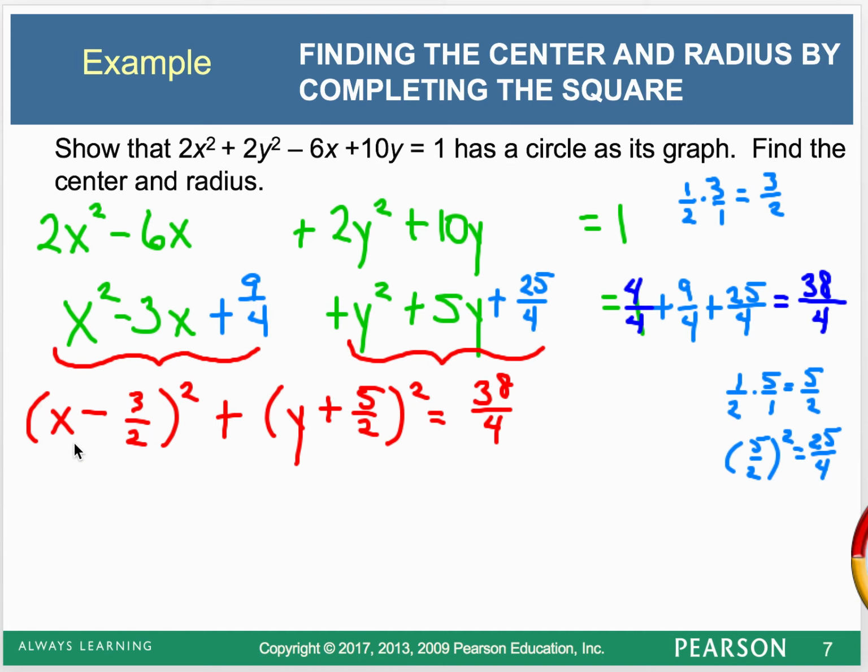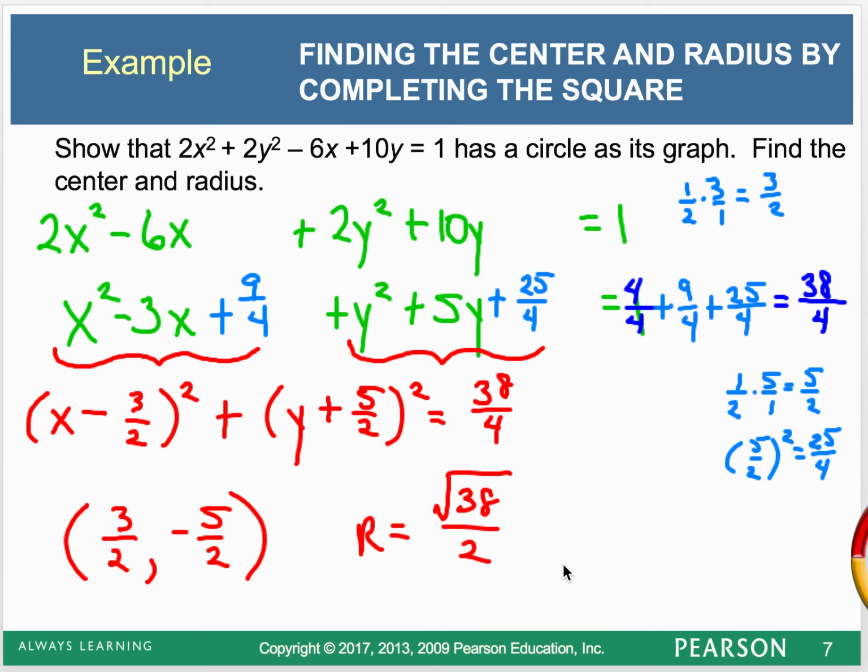So there's your center radius form. And if I needed to know, I know that the center of that circle is 3 halves, negative 5 halves, and the radius is the square root of 38 over 2.